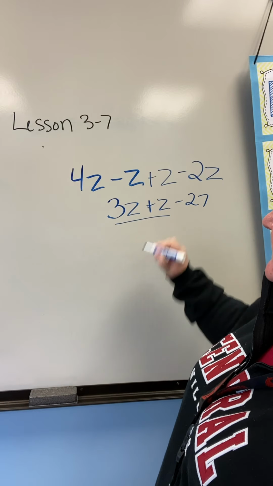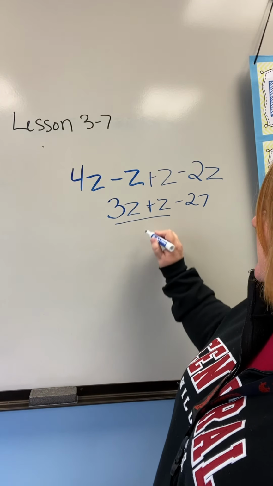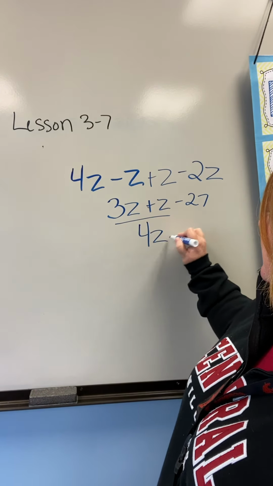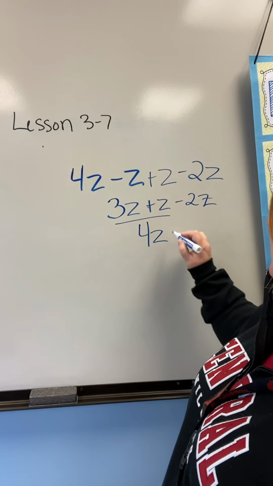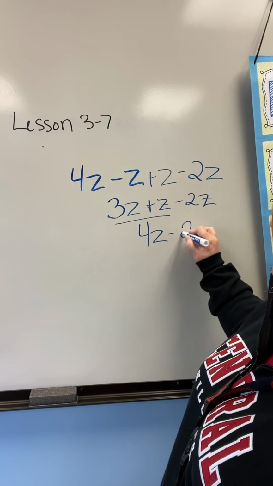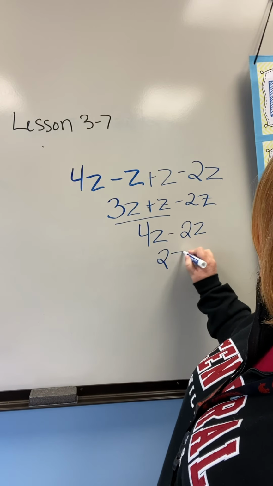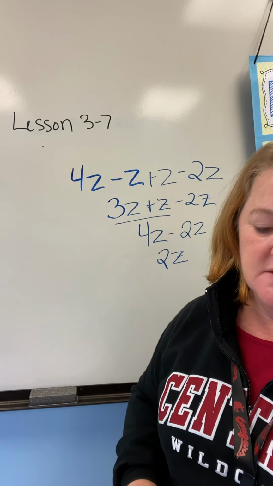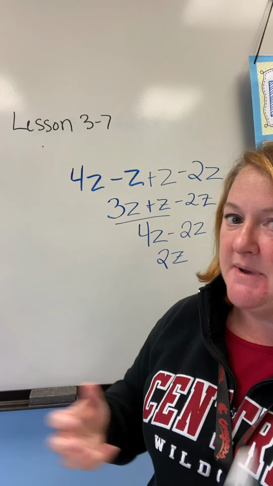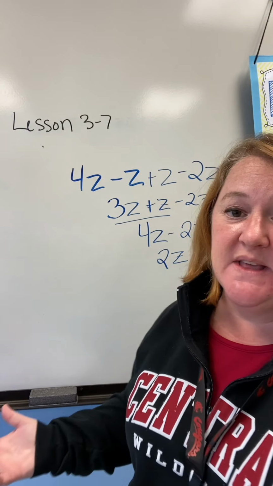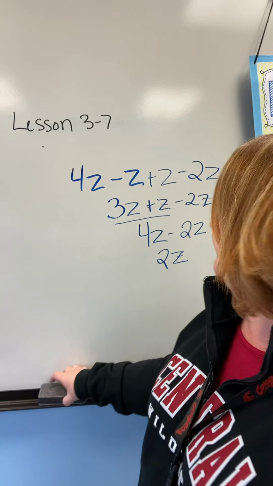So I'm going to come over here. 3z plus z is 4z, minus 2z. So 4 minus 2, I'm going to end up with 2z. Okay? So I'm just combining them like I would. We just don't know what that unknown is until the very end.